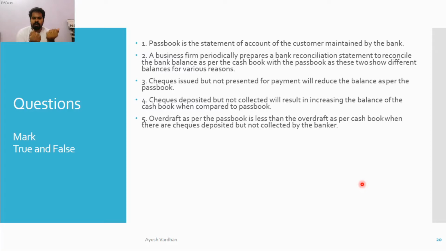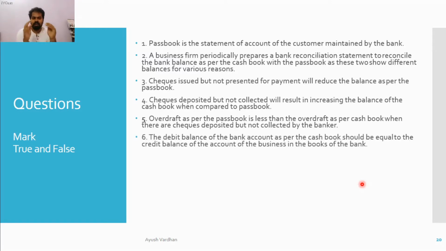So in that case, the overdraft will be higher, because that end is already in the negative. If that is negative, and we are adding some positive number in the cash book only, this is not going to happen in the passbook. So overdraft as per the passbook is not less than overdraft as per the cash book.